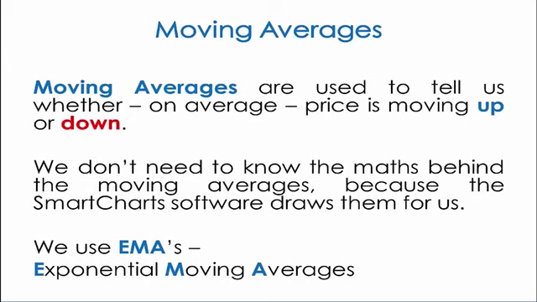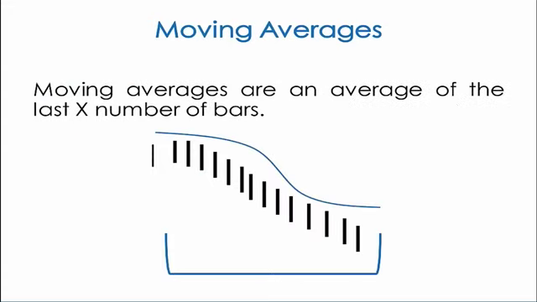Essentially, what an exponential moving average does, it says that the more recent data is more important than the older data. So it doesn't treat all data fairly. It says the more recent stuff is far more important than anything else, whereas a normal average treats everything equally. So these react really fast, right up to date with the current price.